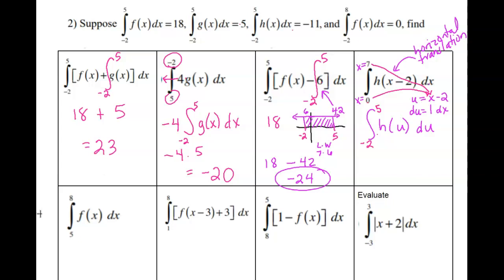Now, I really could change these to any letter. H of negative 2, if I had other variables, I could change these to anything I want. So these are called dummy variables. Now, as long as your limits are the same variable as your function, then they always work, okay? That's why I had to change my x limits because I wasn't keeping my x here.